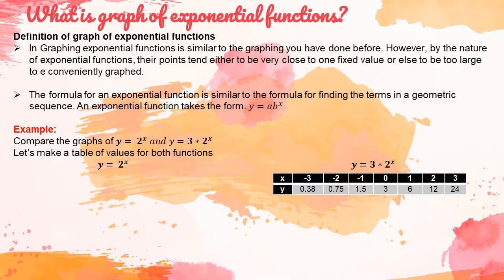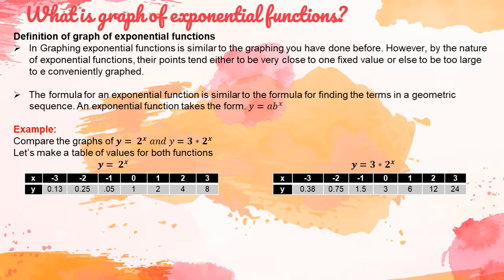So, let's make a table of values for both functions. So, ang ating unang given ay y is equal to 2 raised to x na nasa unang table. So, ito po yan. So, ang value na po na binigay ni ma'am para sa x ay negative 3, negative 2, negative 1, 0, positive 1, positive 2, positive 3.